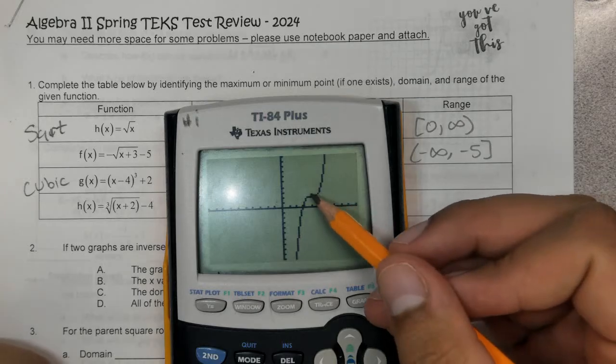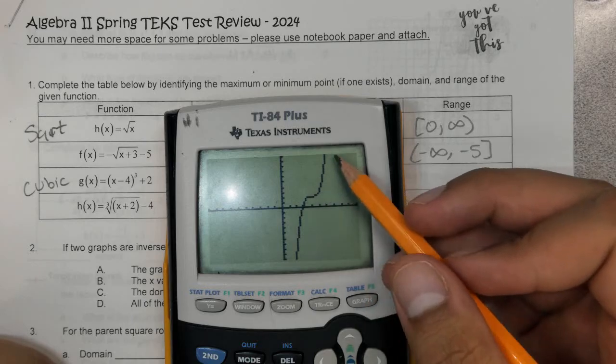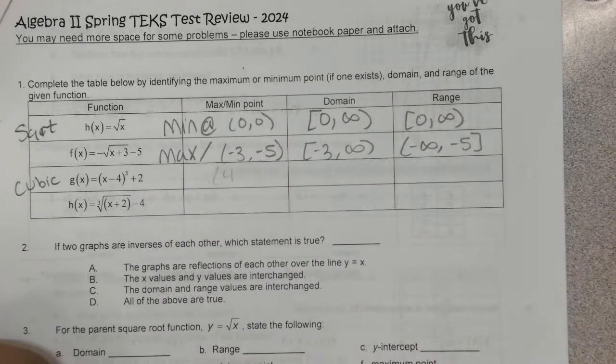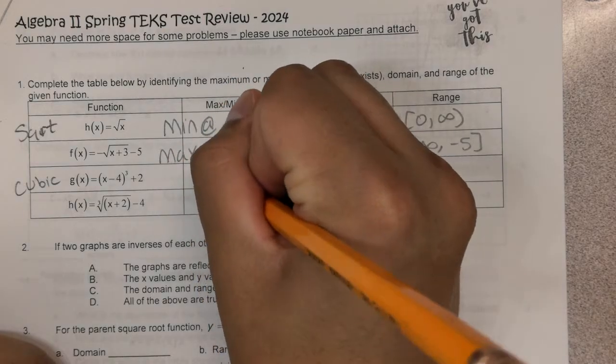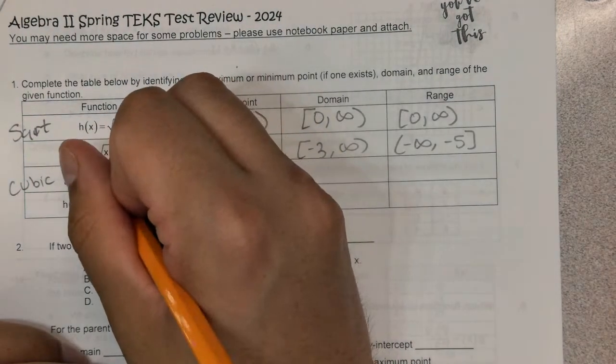Here the point of inflection is at (4, 2), but it's not a maximum or a minimum. It's not the highest point on the function and not the lowest point. So there's no maximum or minimum, but there is a point of inflection, which would be at (4, 2).